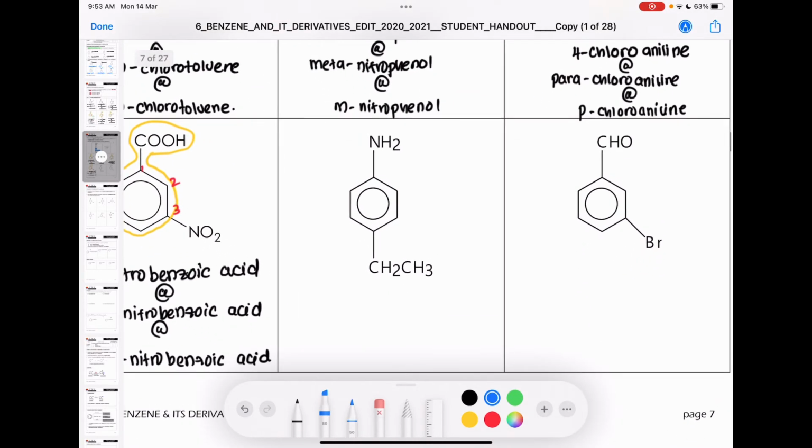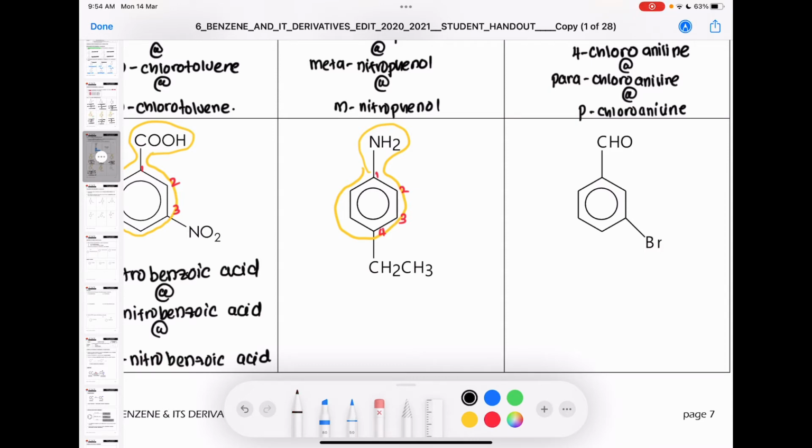So our parent chain here will be this, with numbering 1, 2, 3, and 4. So the substituent here is ethyl. Okay, ethyl.